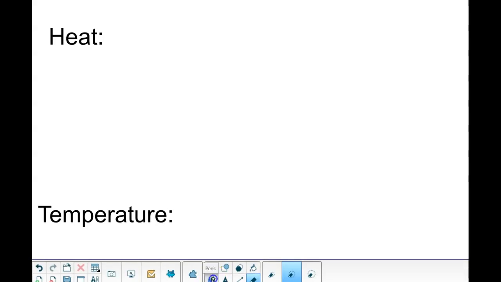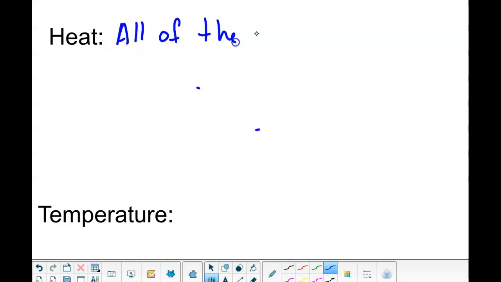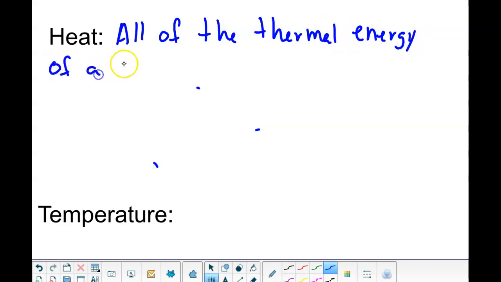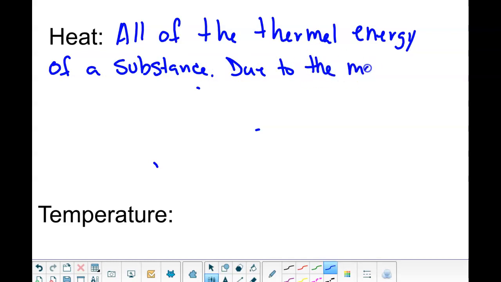So heat we can define as all of the thermal energy of a substance, and this is due to the motion of the particles.